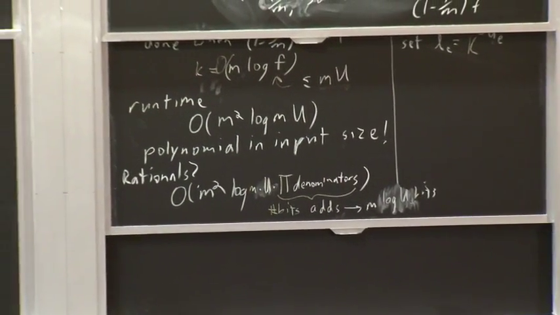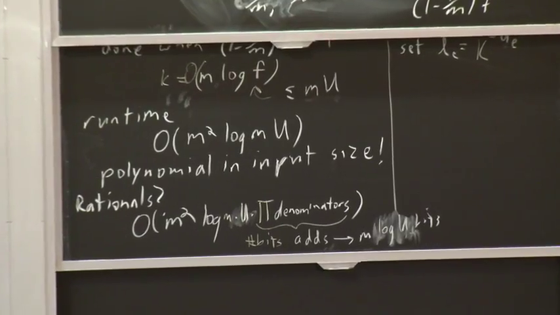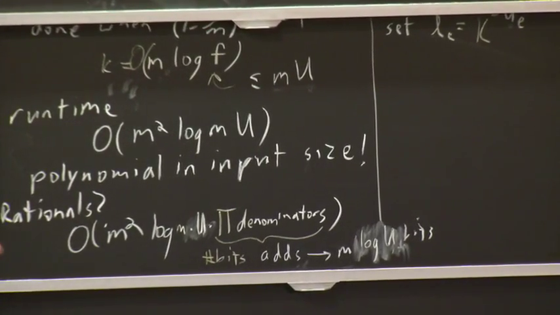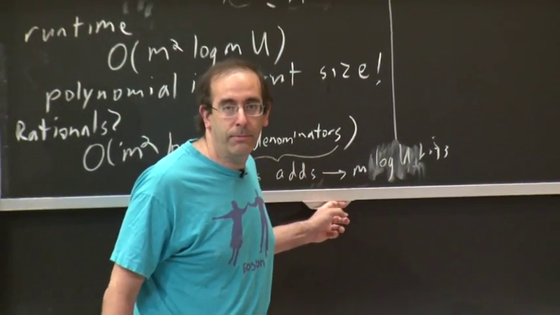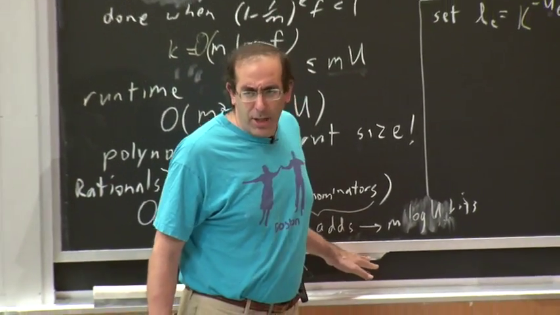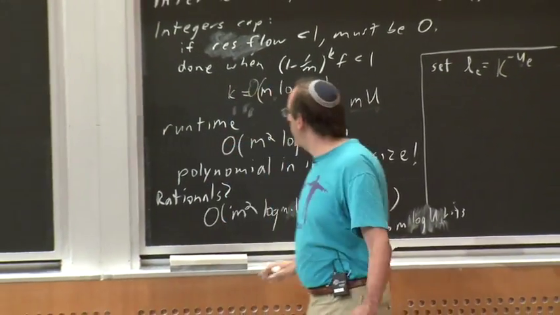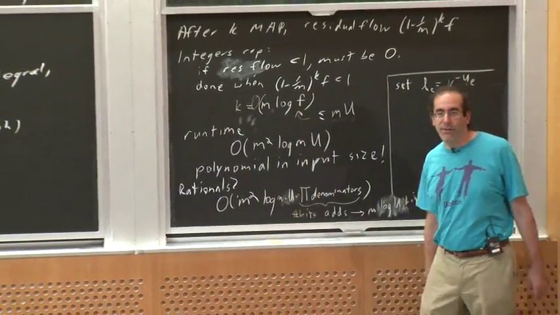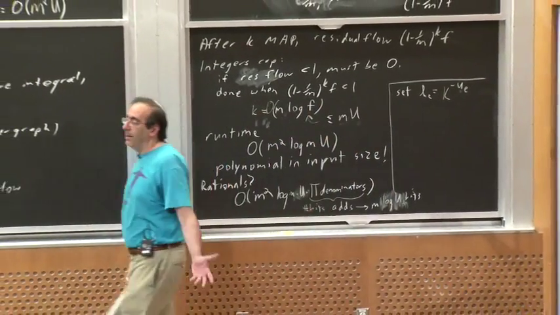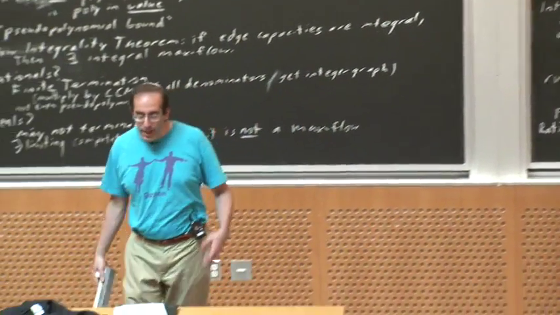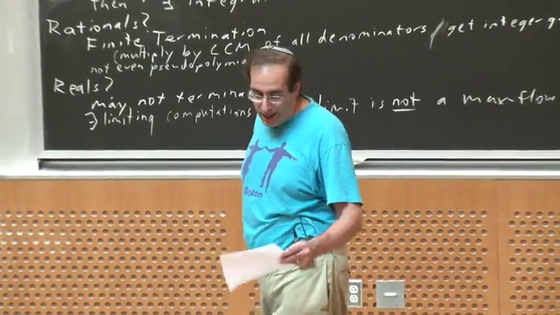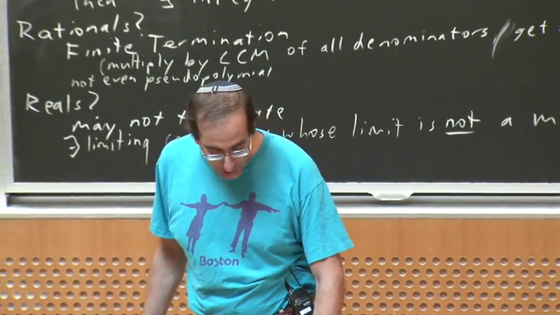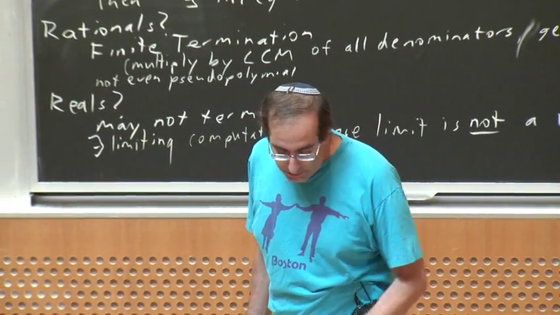So it's still a polynomial algorithm for any rationals. Okay. For reals, I'm actually not sure. I suspect that you can prove that its limiting behavior is to find you the maximum flow. But obviously, with reals, you may never actually reach the maximum flow, so you're going to have to study the limits.